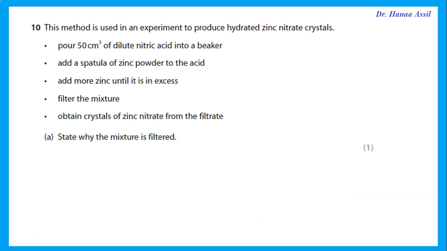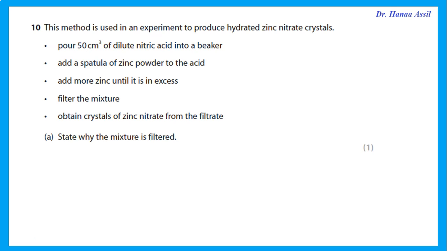Okay, this method is used in an experiment to produce hydrated zinc nitrate crystals. So we're told to pour 50 centimeter cubed of nitric acid into a beaker, add a spatula of zinc powder, add more zinc until it is in excess, filter the mixture, obtain crystals of zinc nitrate.